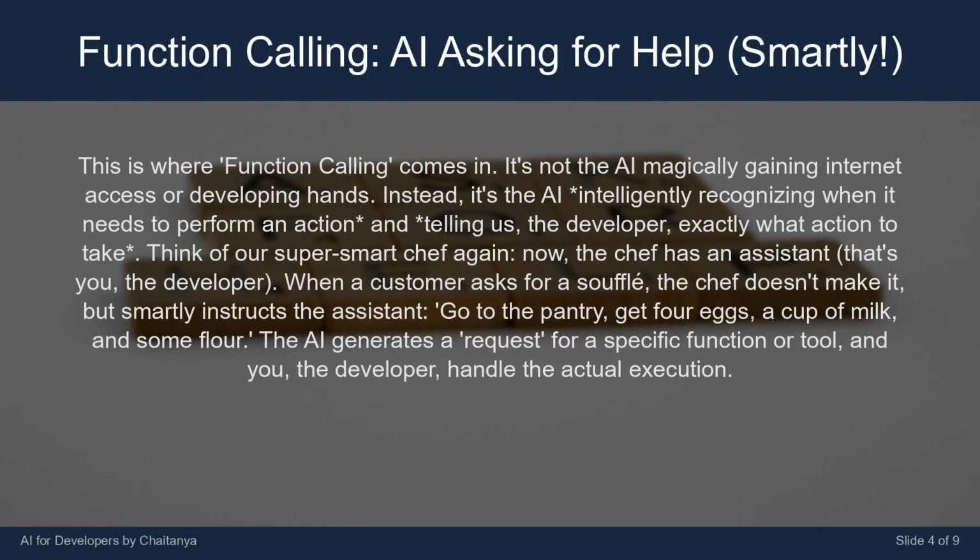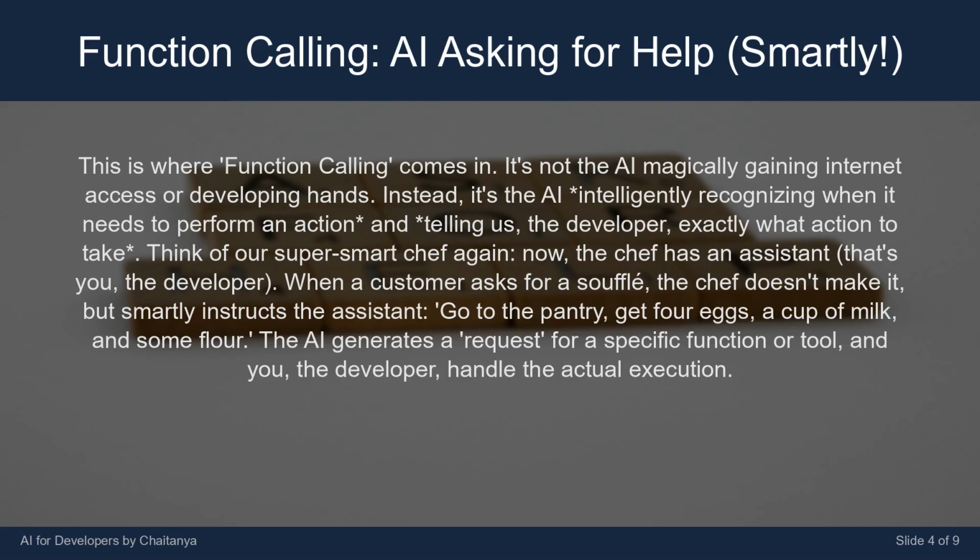This is where function calling comes in. It's not the AI magically gaining internet access or developing hands. Instead, it's the AI intelligently recognizing when it needs to perform an action and telling us, the developer, exactly what action to take. Think of our super smart chef again. Now, the chef has an assistant.